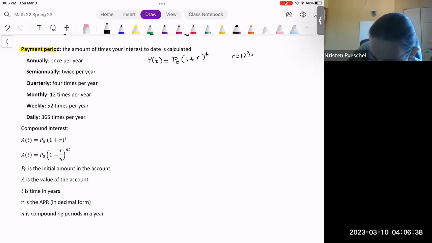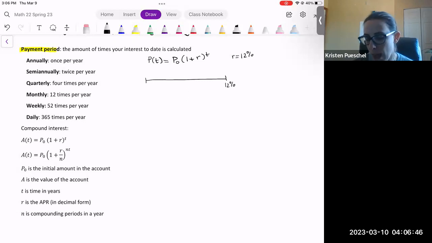We can think of having our whole year with a payout at the end of 12%. And so to get from our initial amount of money to our final amount of money, we're going to do P naught times 1 plus this 12%. Okay, so this is a yearly payout.